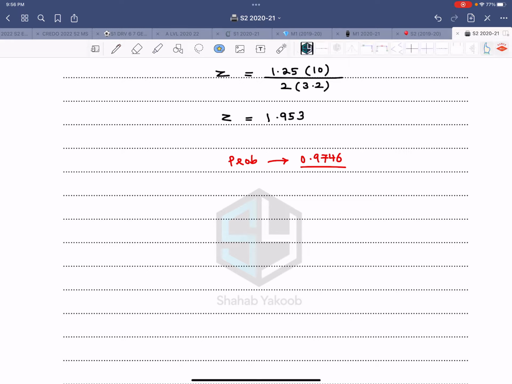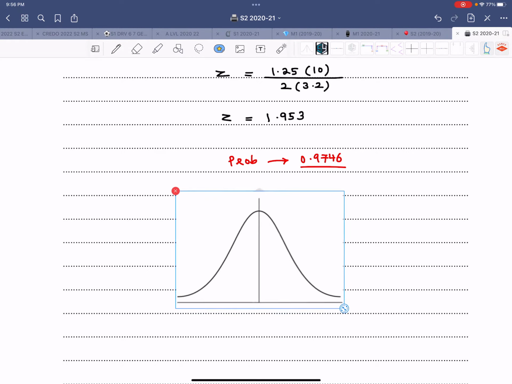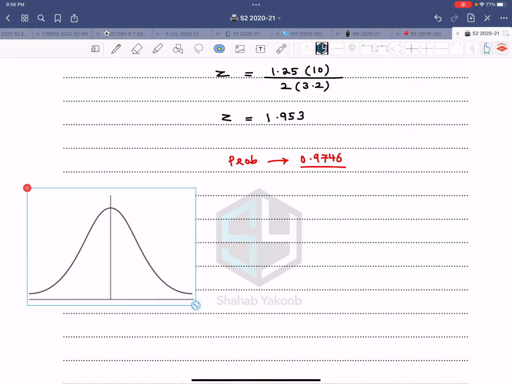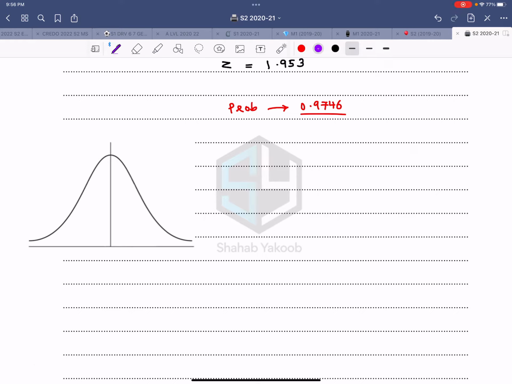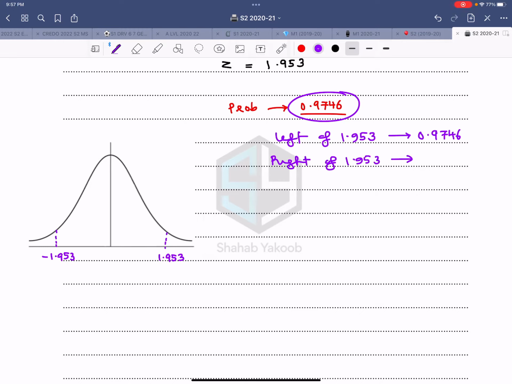So when it's symmetric, draw a normal distribution curve like this on one corner and label this value as 1.953. So this is 1.953. This is negative 1.953. This probability left of 1.953 z value is 0.9746. Therefore, right of 1.953 would be 1 minus this value.